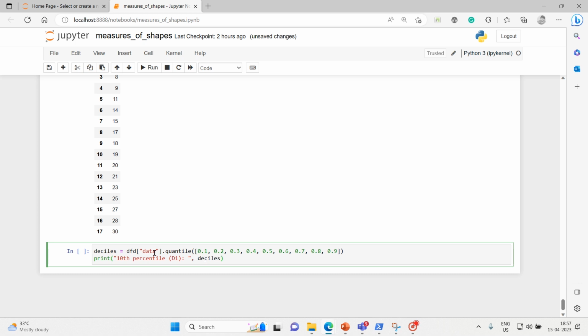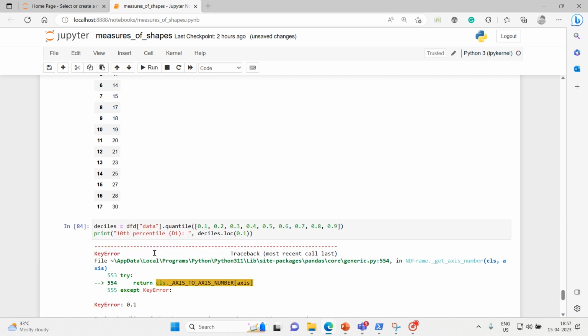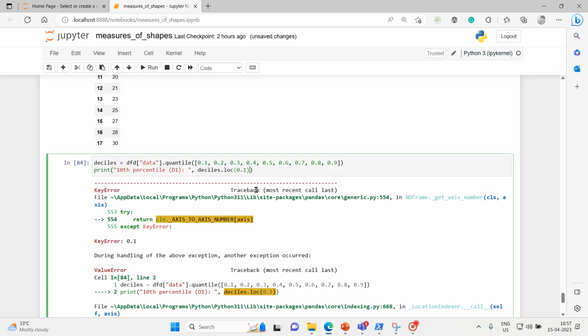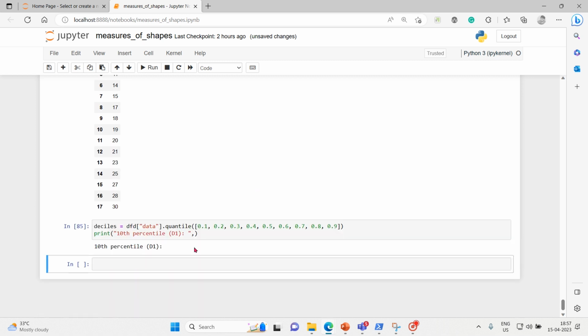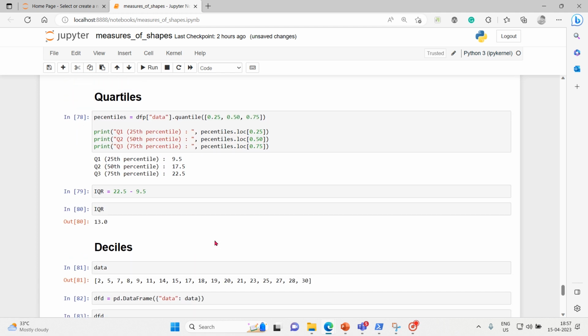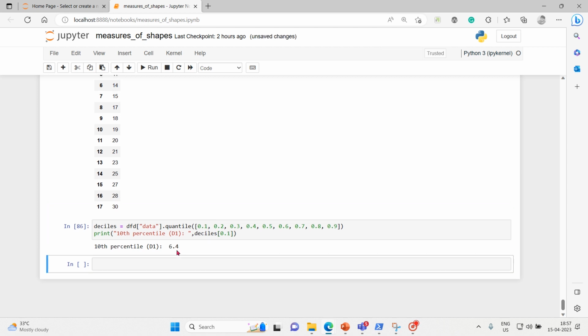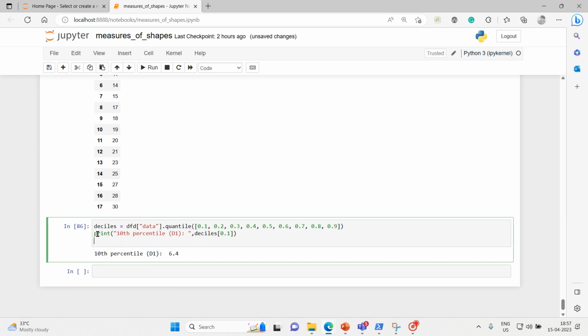So deciles.loc 0.1. Sorry, that's my mistake. Deciles 0.1 as it's 6.4.